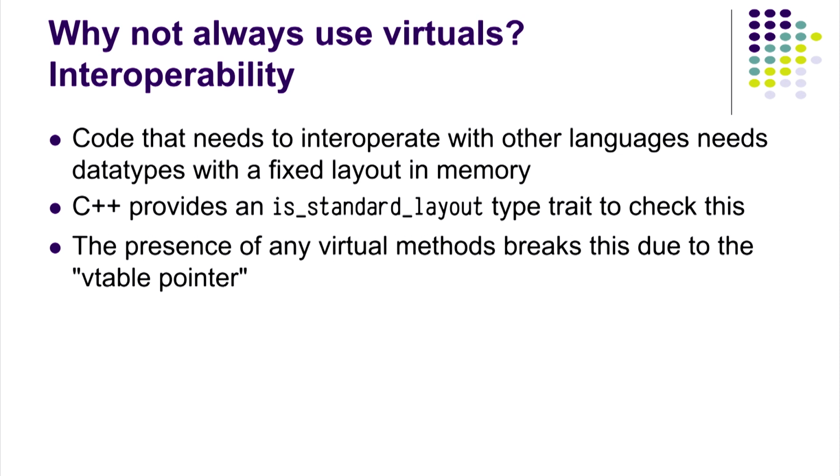And the presence of any virtual methods in your class means you no longer have control over how it's laid out in memory, because the compiler has to put some secret runtime type discovery data that's not visible to you, but is actually stored inside the object's memory.